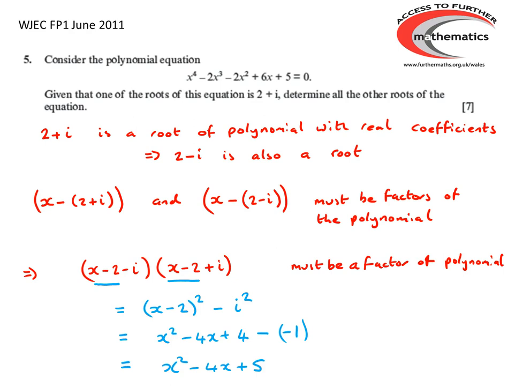So the fact that 2 plus i is a root tells me that 2 minus i is a root. And we've now been able to deduce from those two facts that x squared minus 4x plus 5 must be a factor of the polynomial.